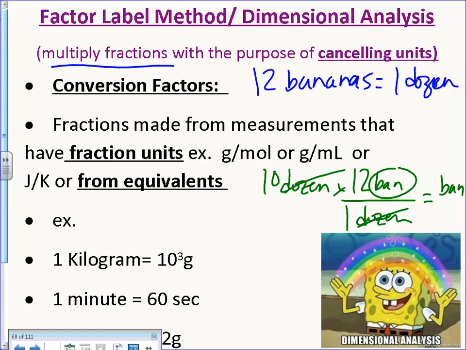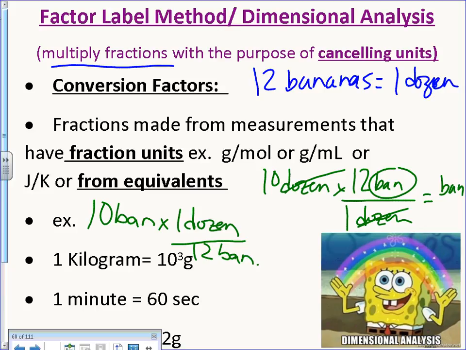But what if I said how many dozens is 10 bananas? Then what would you do? Okay, so I need to flip this fraction. I need dozen to be on top. So I'm starting off differently. I'm starting off with 10 bananas, and I'm asking how many dozens that is. It's not even a full dozen. We know that just because it's 10 and not 12. But some other things we're going to be less familiar with, so this is an easier example to start off with. So I'm starting you off with 10 bananas, 1 dozen goes on top, 12 bananas goes on the bottom.